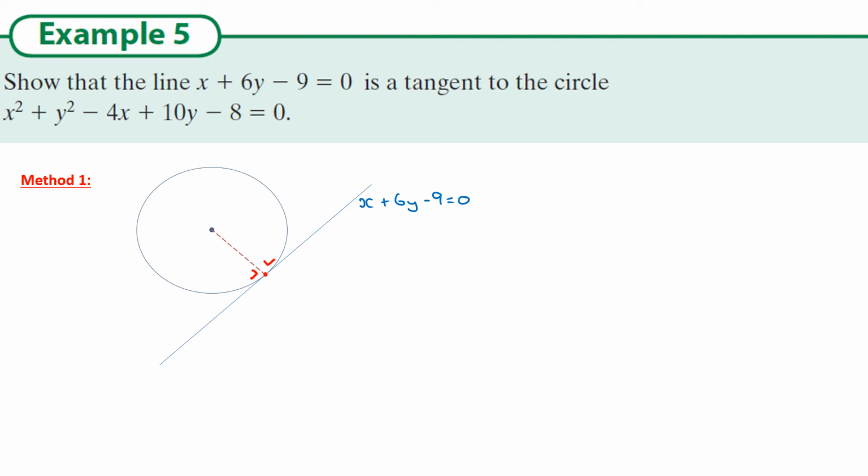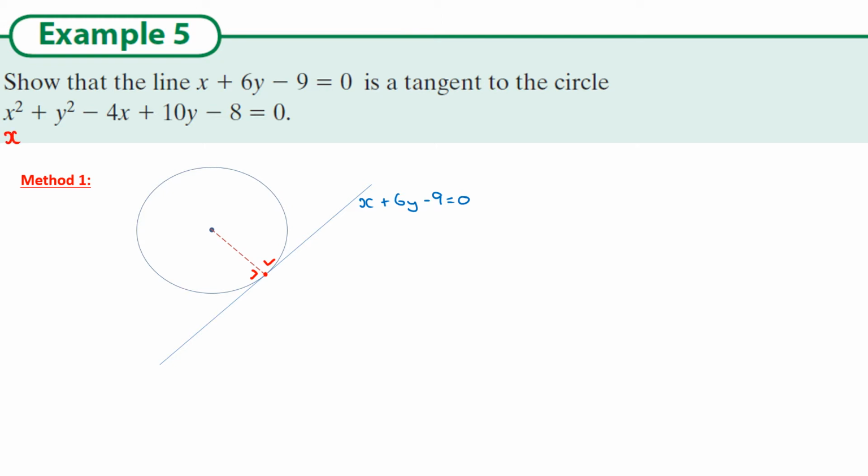If we got two different answers, we could then say, if the distance between the center and the line is smaller than the radius, it will be a chord. And if the distance between the center and the line is bigger than the radius, then the line wouldn't touch the circle at all. So in order to work through this question, we're going to need to pull out the center and the radius from the circle.